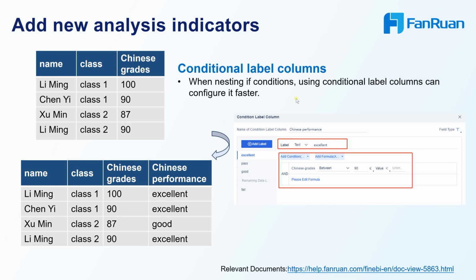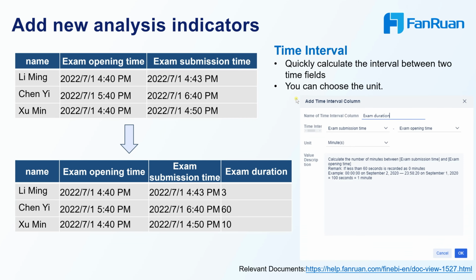Next, we discuss two functions related to time fields, time interval and get time. While you can use a formula column with functions to perform these operations, we will focus on the prepackaged functions for today, as they are faster. The first function is time interval, which allows us to quickly calculate the interval between two time fields and select the unit.